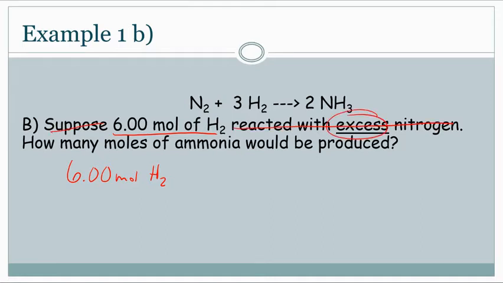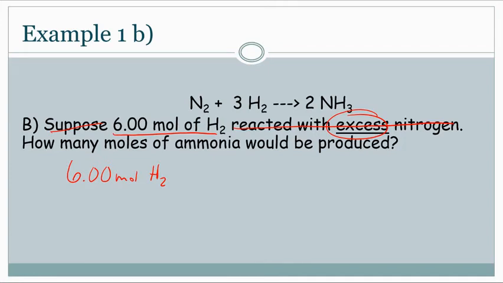Excess is another one of those words that just means extra. It means that there's more than enough. It's like saying there's excess oxygen in the air. There's more than enough oxygen to react in a reaction. So usually that's in excess. We'll talk about what that means a little bit more. Like, what if you limit something? So really what's limiting the reaction here is your hydrogen gas. We'll talk about that more next week.